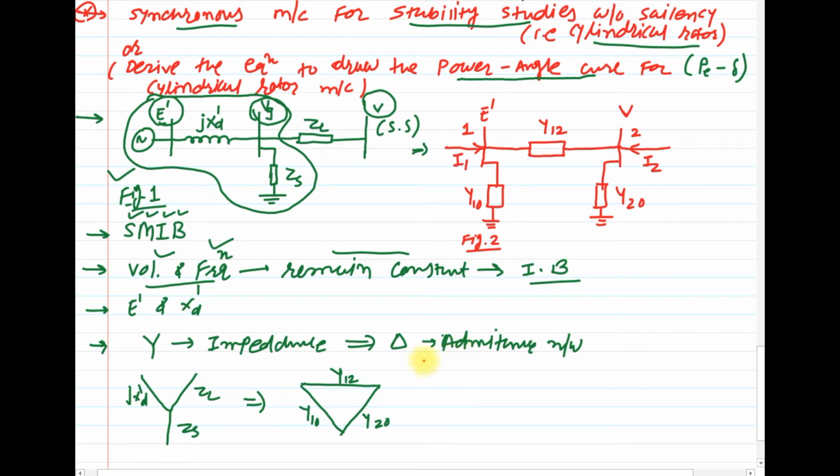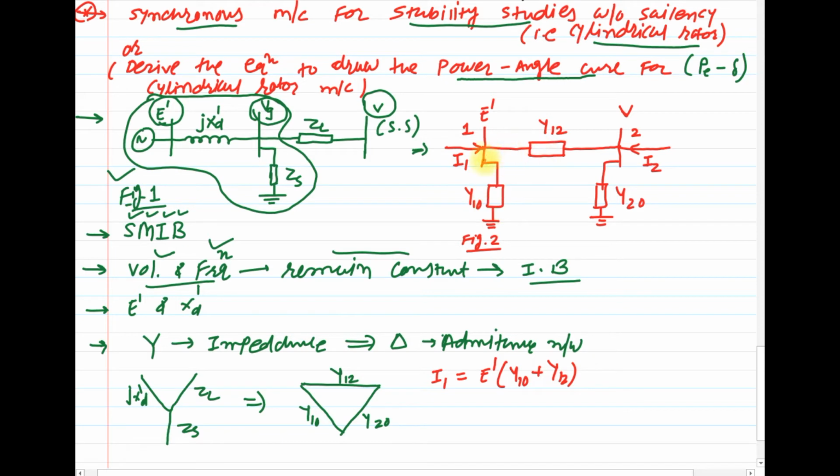From node 1, the current I1 is equal to the voltage drop across these two admittances, which is E dash into bracket Y10 plus Y12. Clear?